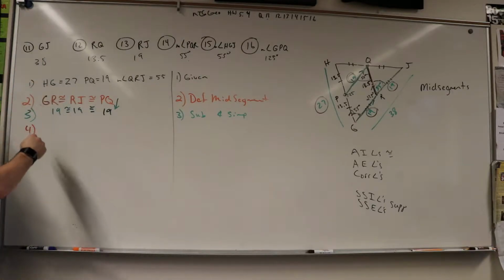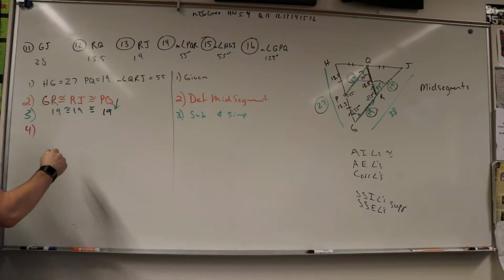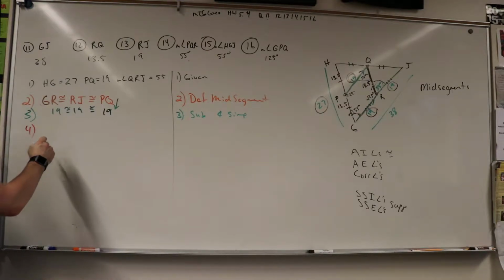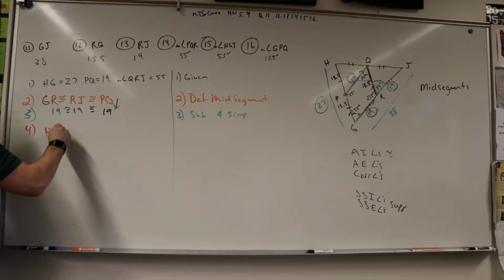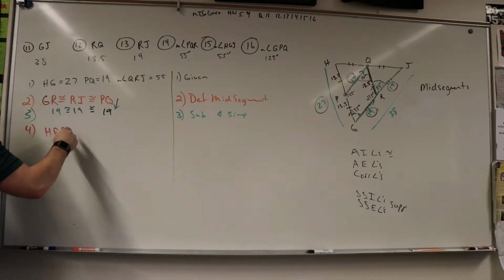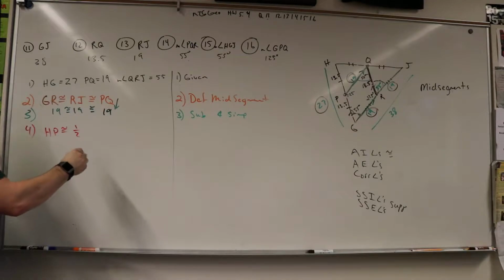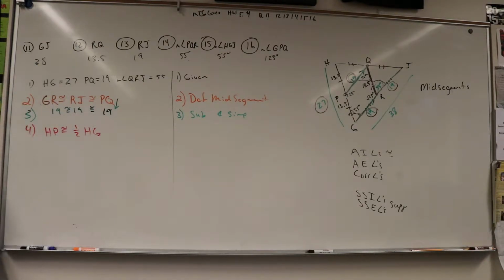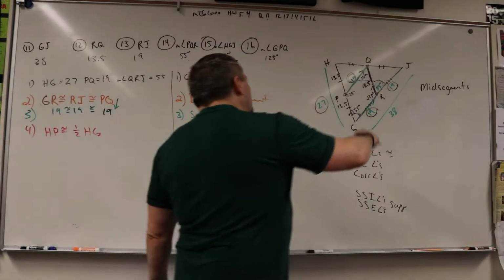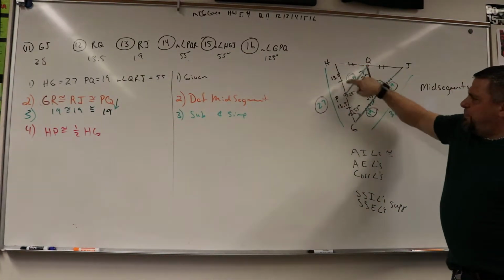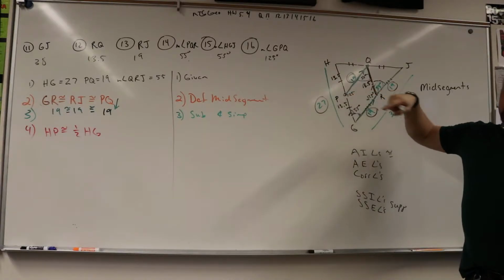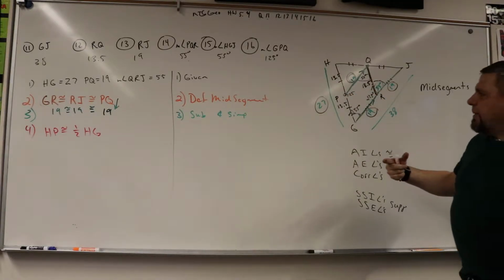Well, we know that HP is equal or congruent to 1/2 of the HG. Okay? Why do we know that it's 1/2? Because it's a midpoint, right? It's a midpoint. It's not a mid-segment, it's a midpoint, right?